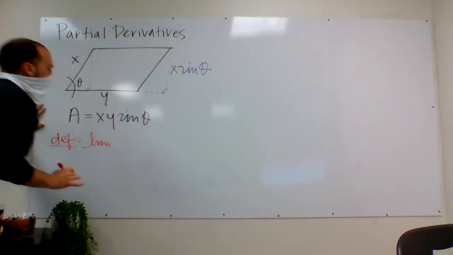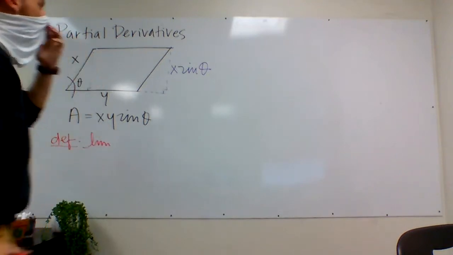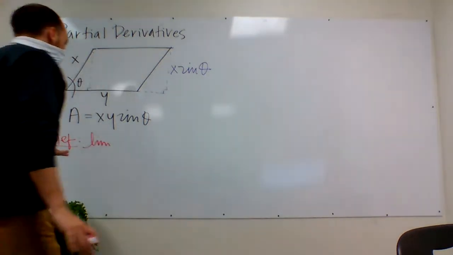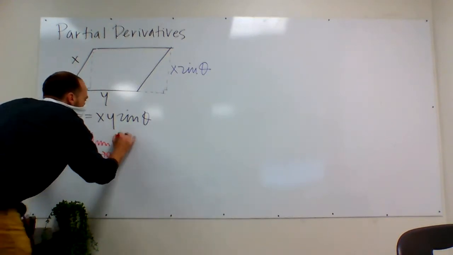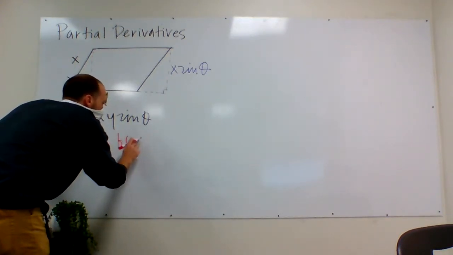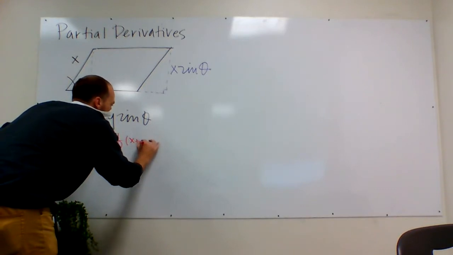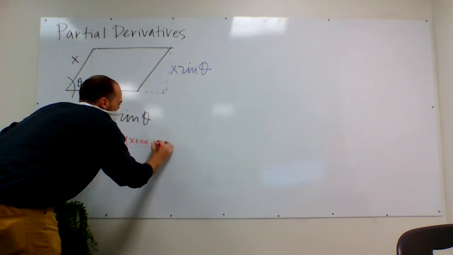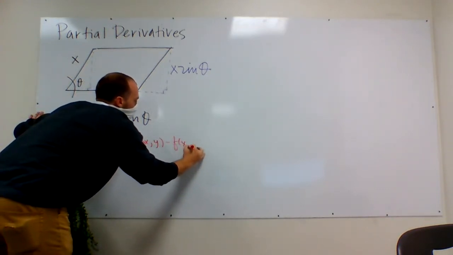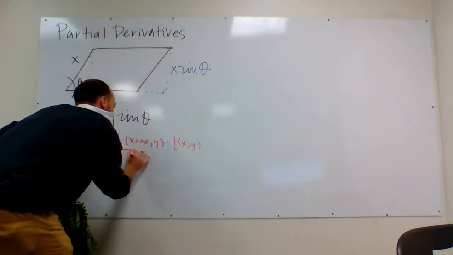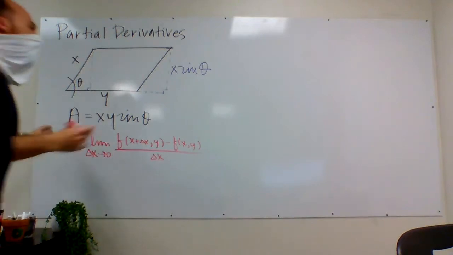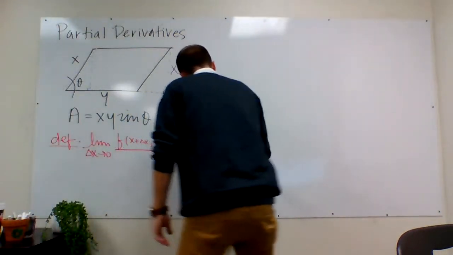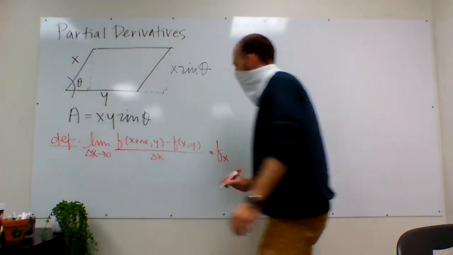This is going to be the partial derivative of a function with respect to x, so that's the limit as delta x goes to 0 of f, which depends on both x and y, so I'm going to bump up x a little bit, f of x plus delta x and y, minus f of x and y, over delta x. Rise over run. And this is the derivative of f with respect to x.